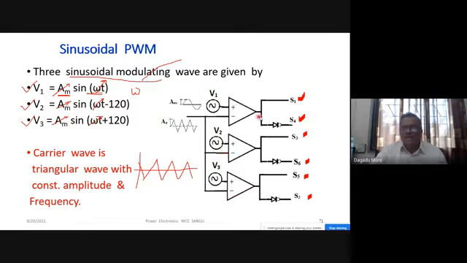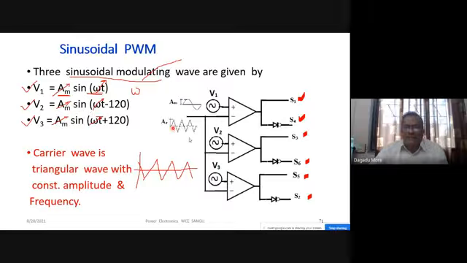The comparison result directly is the switching signal for S1. The comparison of the V1 modulating wave with the carrier wave will be a +1 and -1, or 1 and 0. That signal goes directly to the switching signal of device number 1, and the inverted switching signal goes to device number 4.